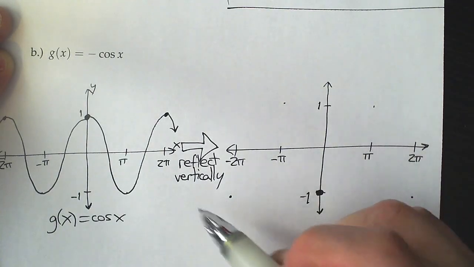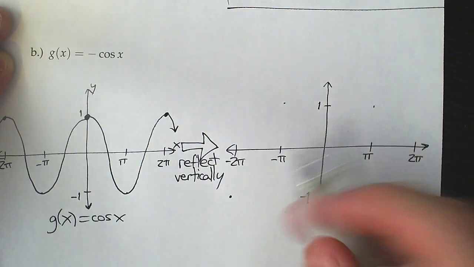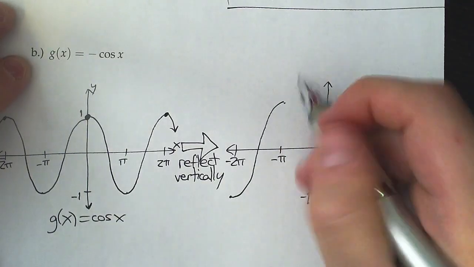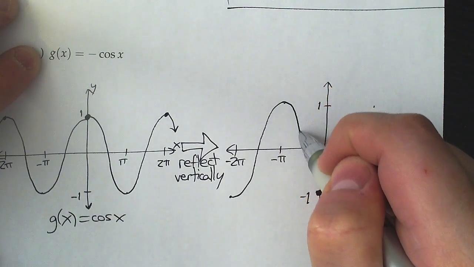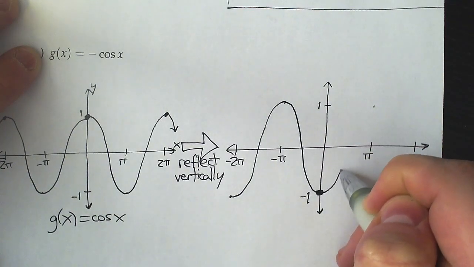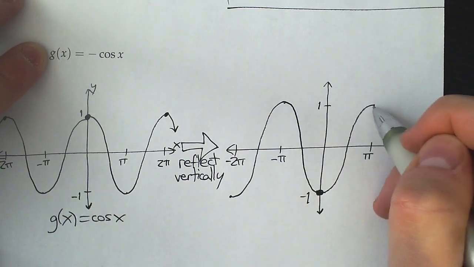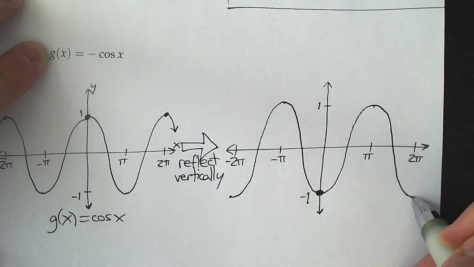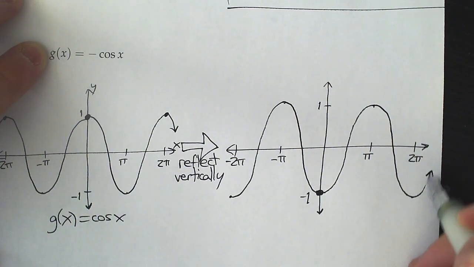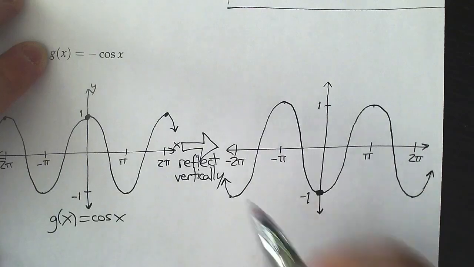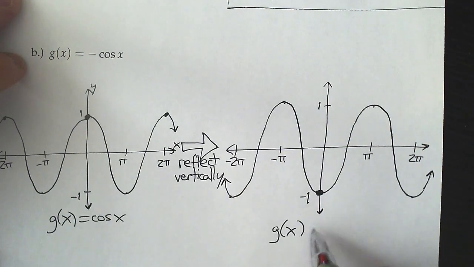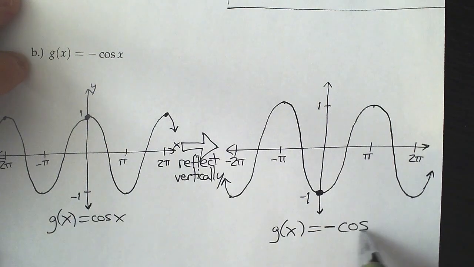And now I'm ready to fill that in with a nice smooth curve. Again, try not to do sharp zigzags. Think of it more like a roller coaster that gently goes up and down. Not a lightning bolt. Okay, that's a good picture. So this is negative cosine x.